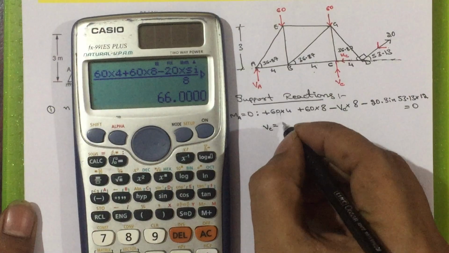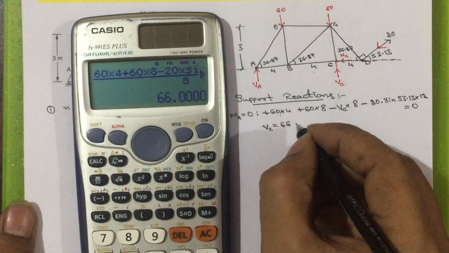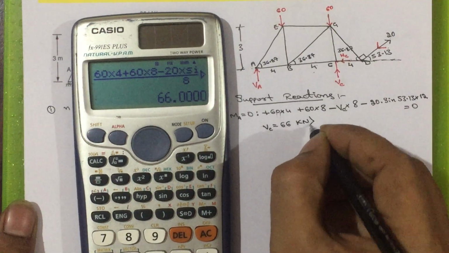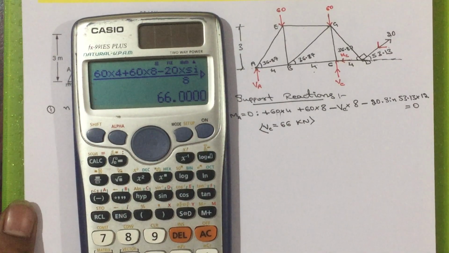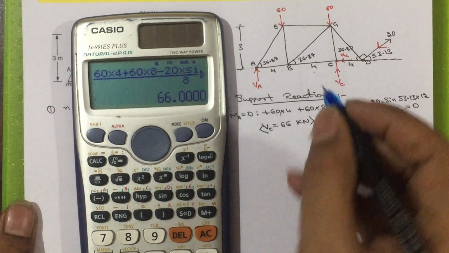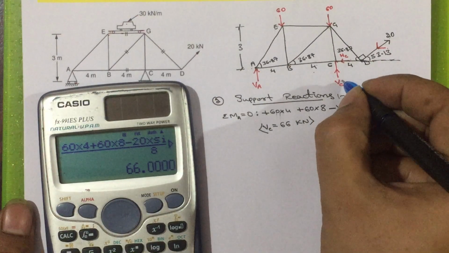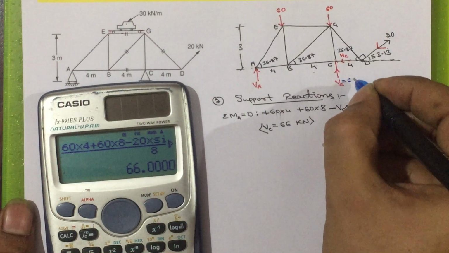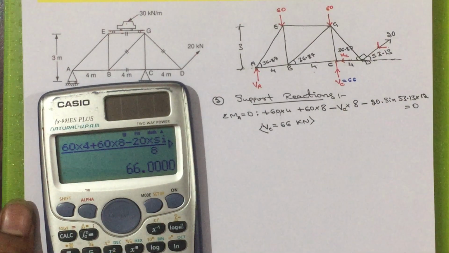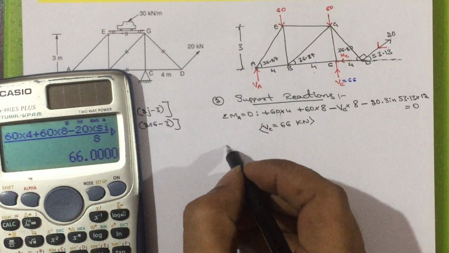So you are going to get it as 66 kilonewton. So as soon as you get the value, update it. Vc is equal to 66. Then apply the next condition.